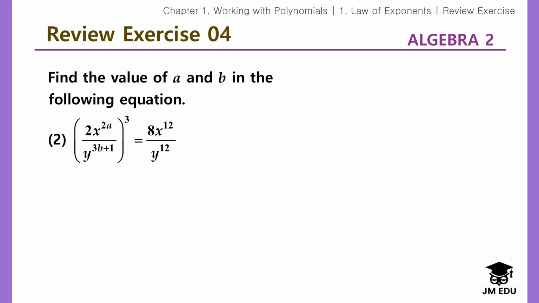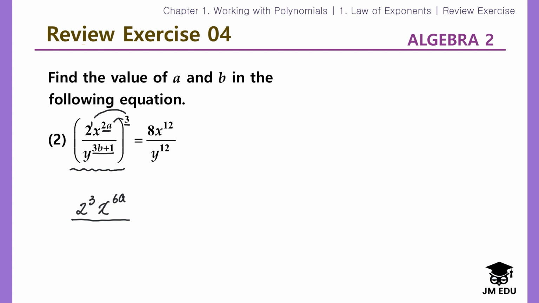Number 2. Just like number 1, let's simplify the expression on the left-hand side. So 2 times 3, that's 2 cubed, and x to the 2a times 3, that's 6a. In the denominator, we have y to the power of 3b plus 1.